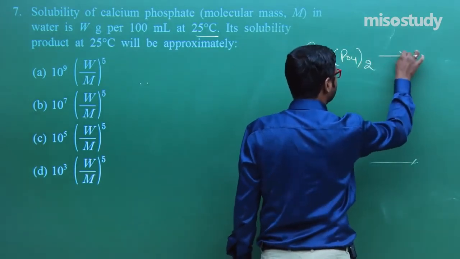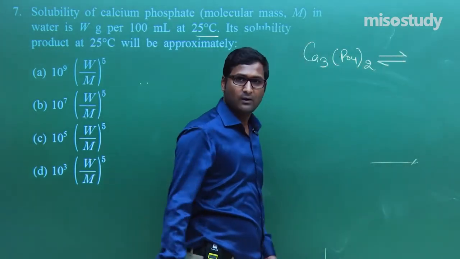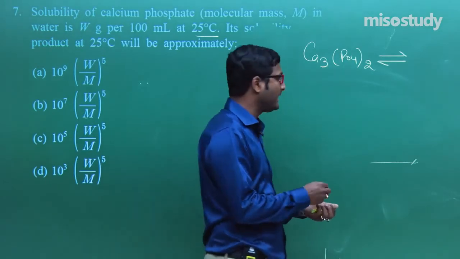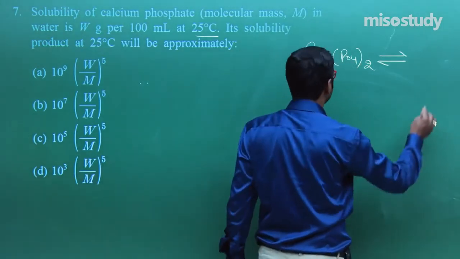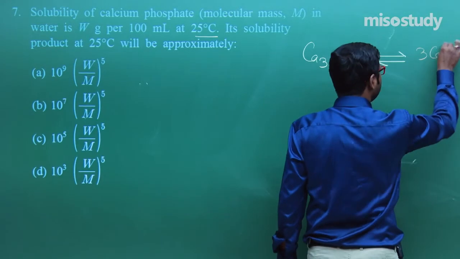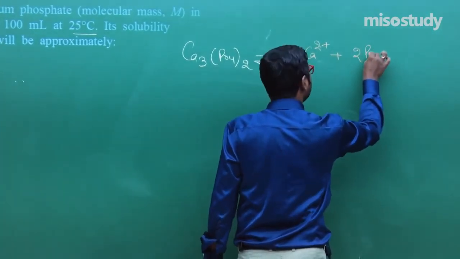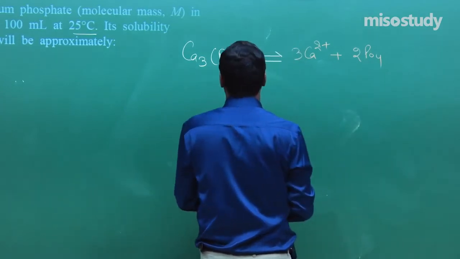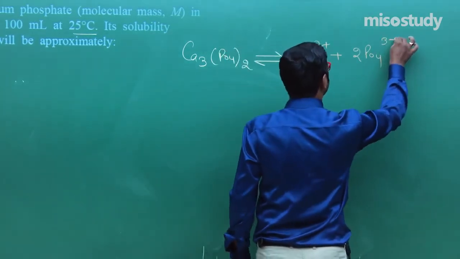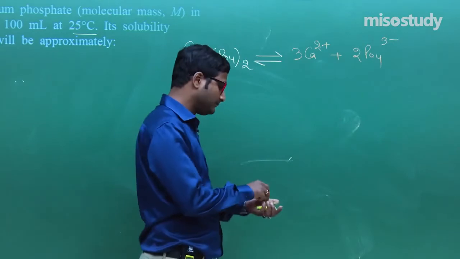Ca3(PO4)2. Clear? This is the formula of calcium phosphate. How will it break? It will break like this: 3Ca2+ plus 2PO4 3-. This is the formula.